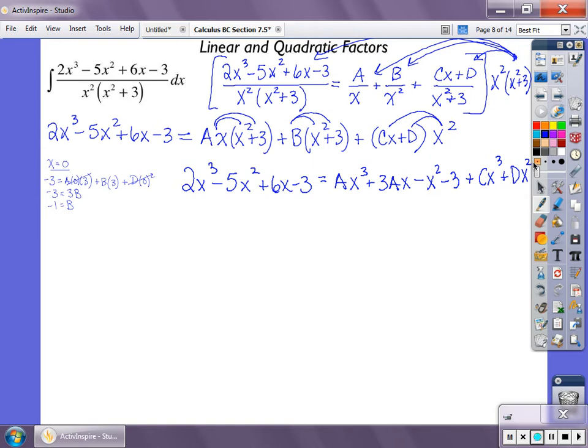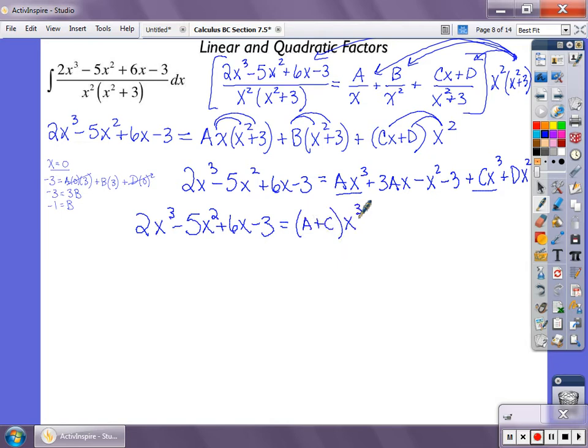Now I'm just going to do some rearranging of my terms here. I'm going to group my like terms and do a little factoring. So we have 2x cubed minus 5x squared plus 6x minus 3 is, we have ax cubed plus cx cubed. So that's really a plus c times x cubed.